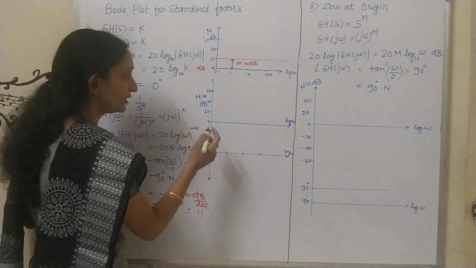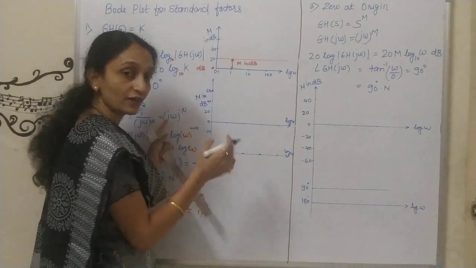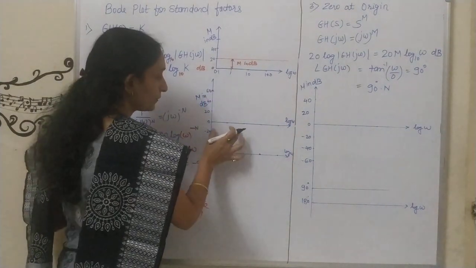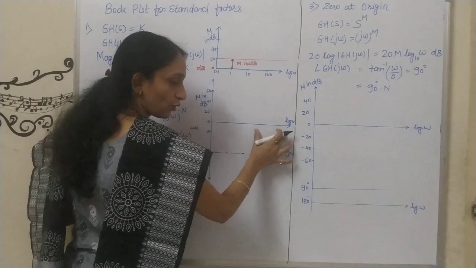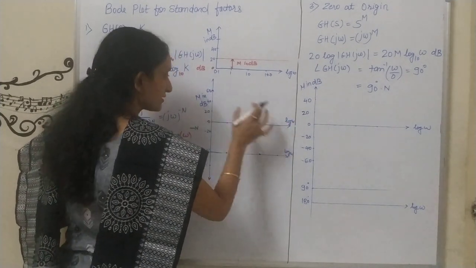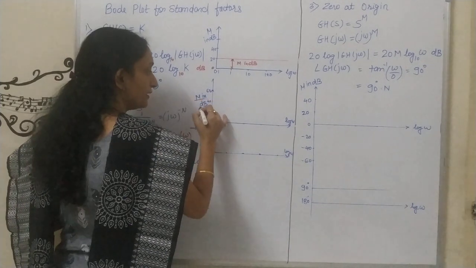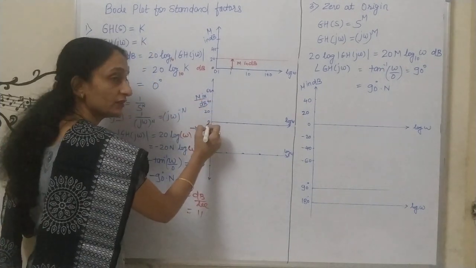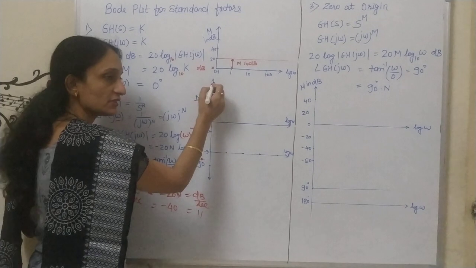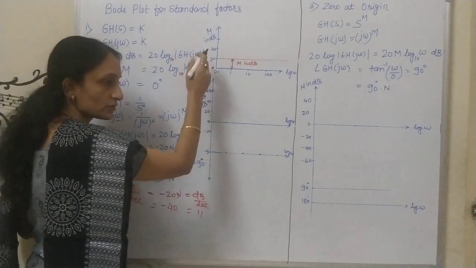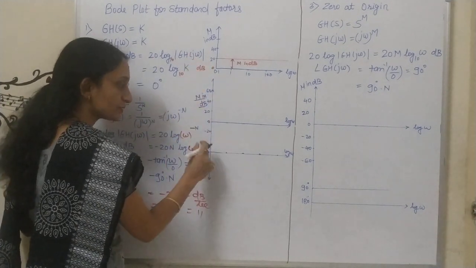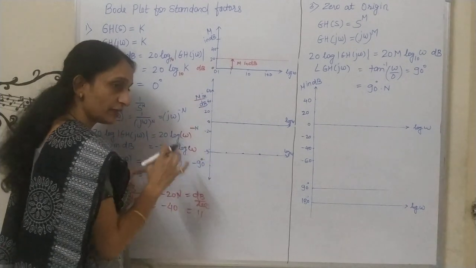For that, again, you need to take a semi-log paper. On semi-log paper, select the proper scale for x-axis and y-axis. This y-axis is magnitude in dB. You can check here, I have taken the fixed scale 0, 20, 40, 60. Positive values will be upward and negative values will be downward, minus 20, minus 40, minus 60.